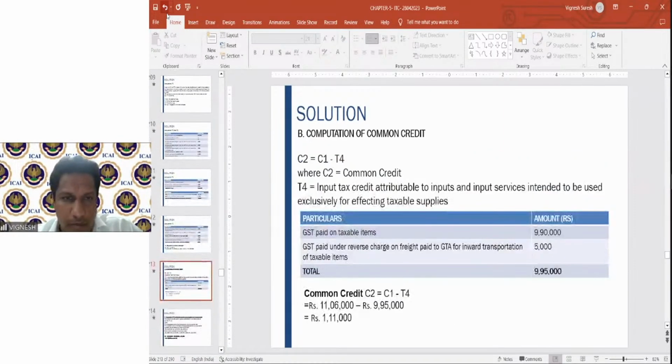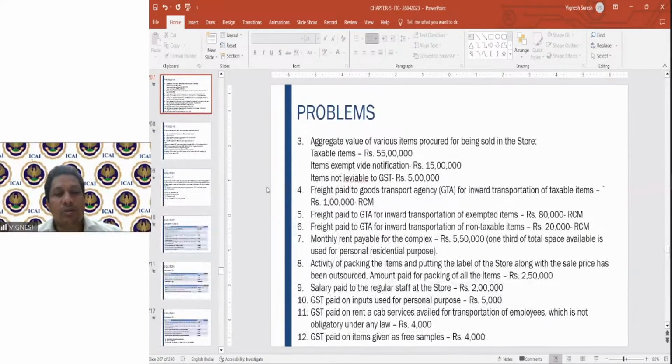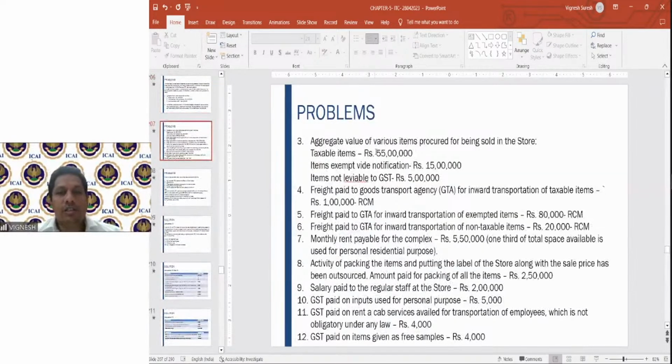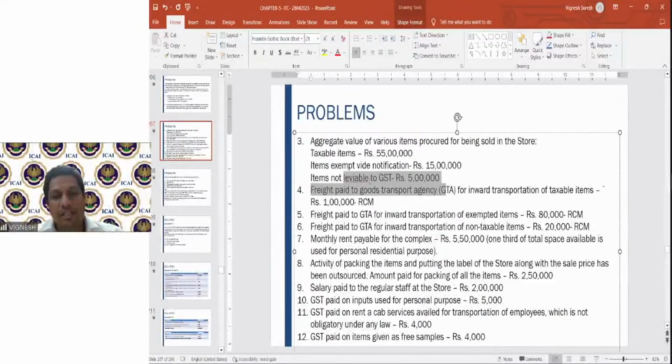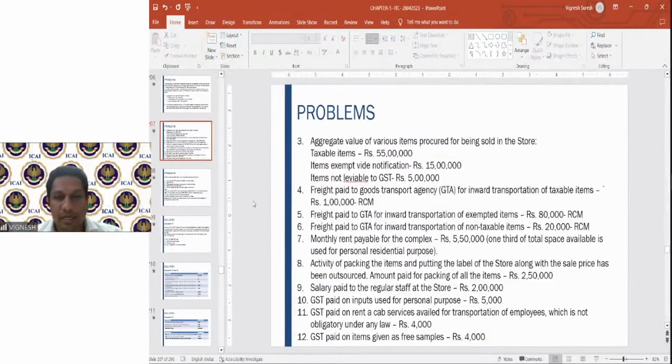Moving on. Then we look at the computation of common credit. C2 is equal to C1 minus T4. What is T4? Input tax credit exclusively attributable to inputs and input services intended exclusively for taxable supplies. So what is used for taxable supplies? Two things are being used. One is the 55 lakhs at 18%, and the inward transportation of taxable items, 1 lakh, which is paid at 5% RCM.